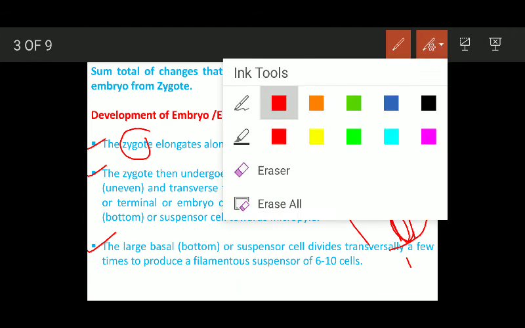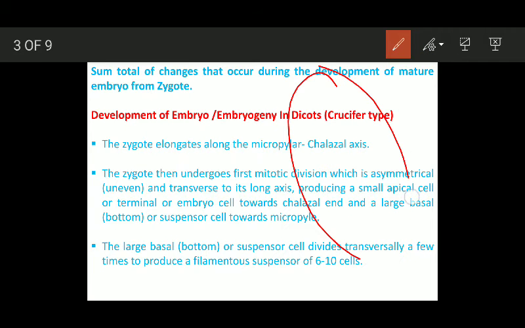This is the zygote which has elongated. It divides into a small apical cell and a large basal cell.